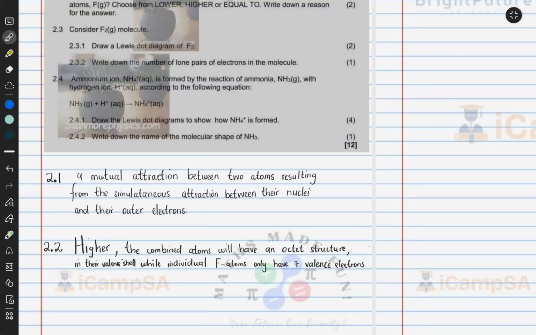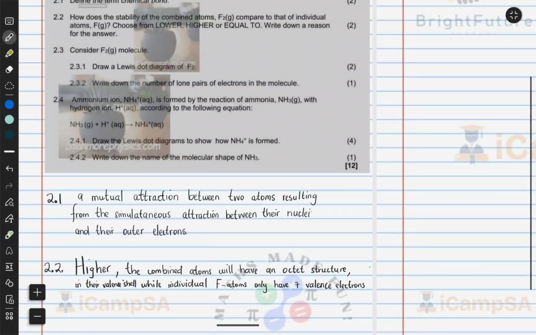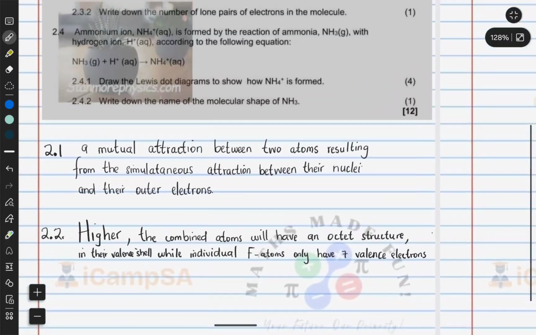So the lower the potential energy in the system, which is the F2 molecule, the higher the stability, while when they were individual atoms, they had a higher potential energy, so they were more unstable. As we lower that potential energy due to bond formation between these two atoms, we also get a higher stability. But as we increase it, we get a lower stability. So you can also explain it using that logic.